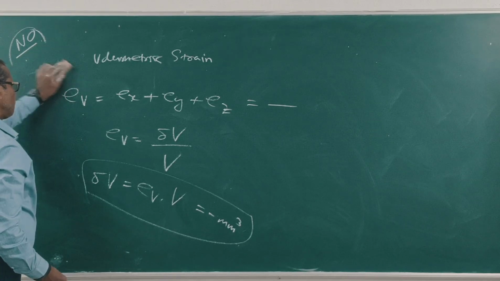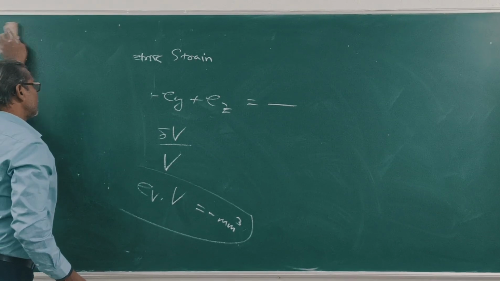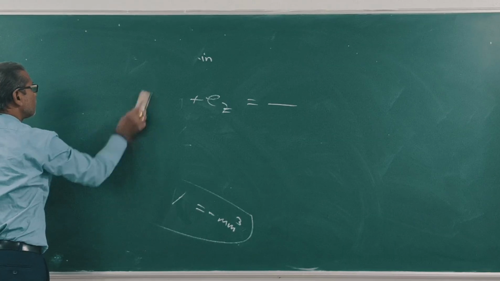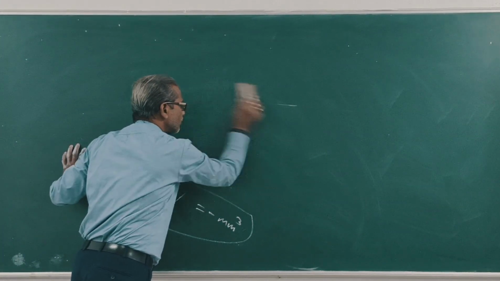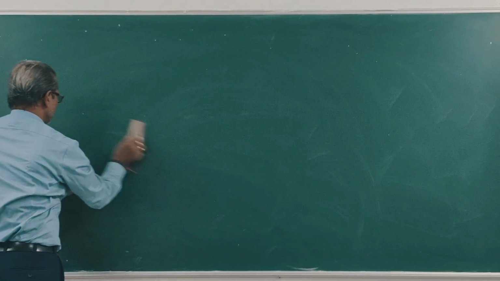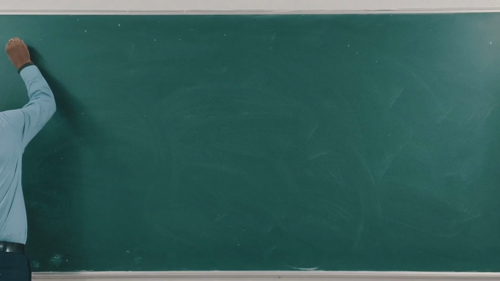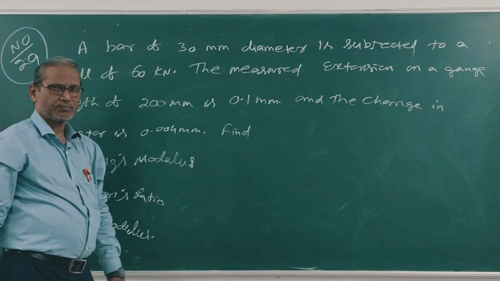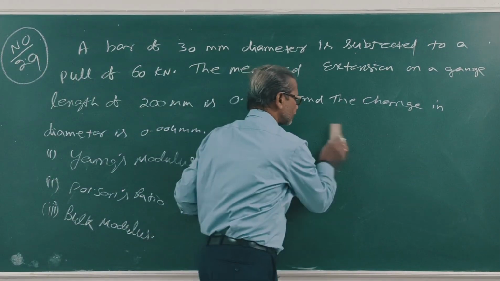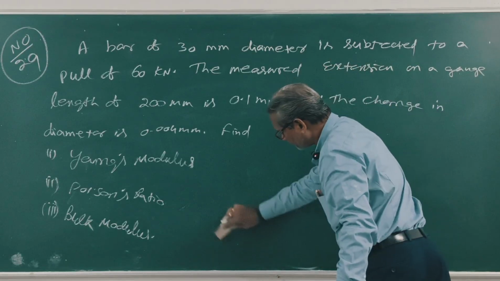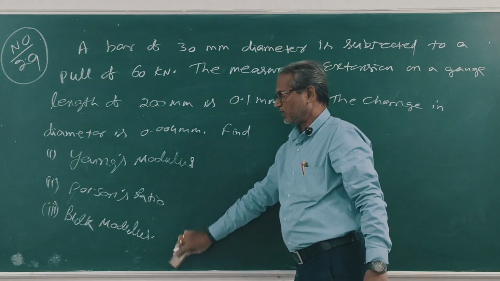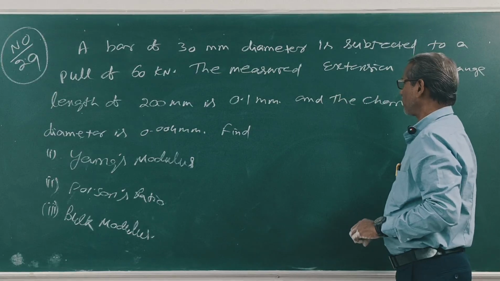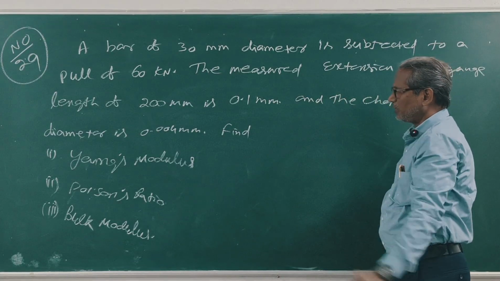Right? Next, question 29. The question is: a bar of 30 mm diameter is subjected to a pull of 60 kilonewton.